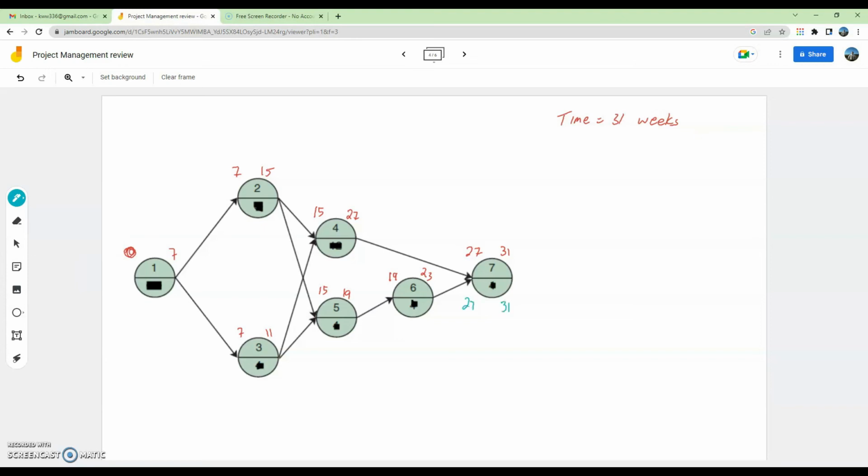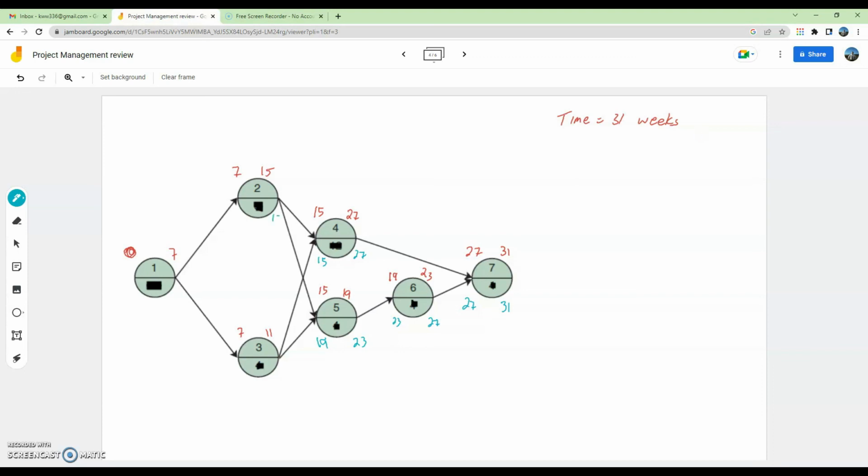31, 27, 27, 23. This would be 27, 15, 19. So it looks like activity 2 has to finish in enough time for activity 4 to start.